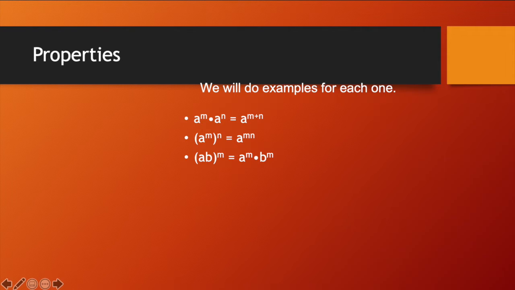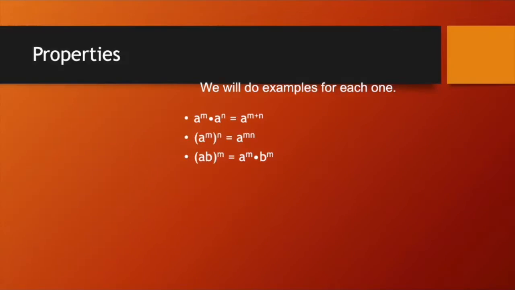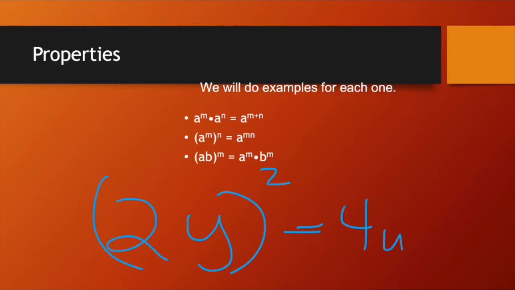It works the same. So you can, in a sense, distribute that exponent. For example, if I had 2y squared, the exponent squared would be given to the 2 and to the y. So I'll have 2 squared, which is 4, and we'll have y squared. That squared gets given to both.